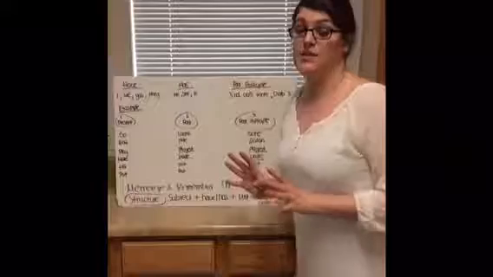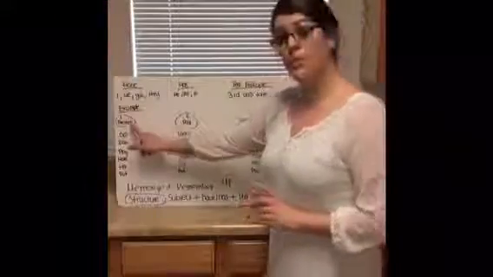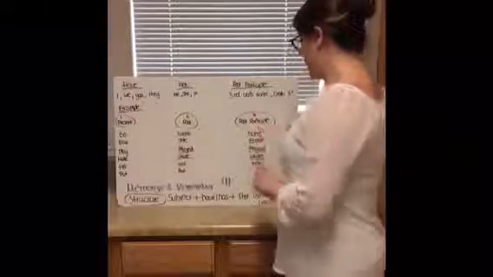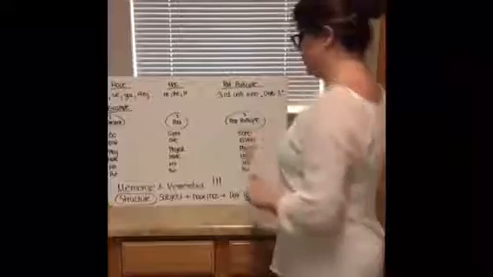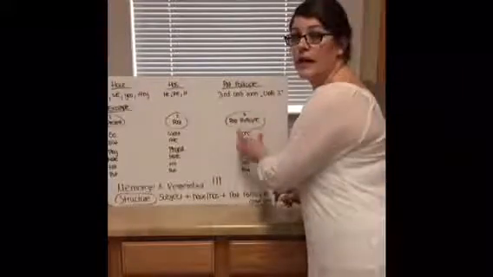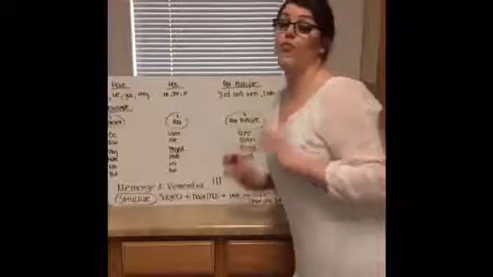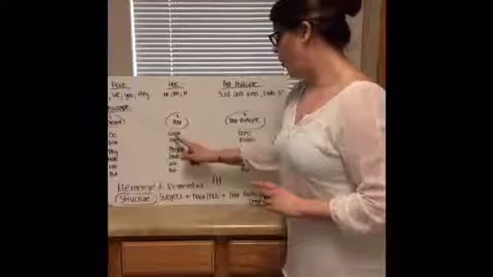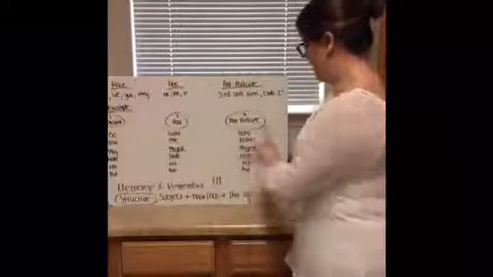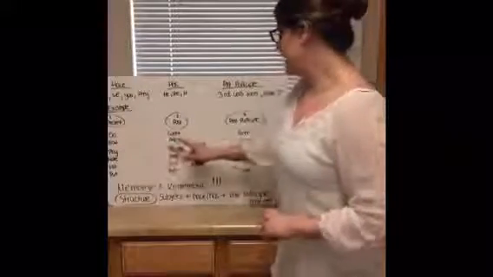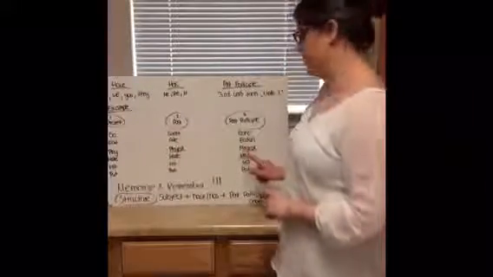Now let me explain this to you a little bit more. So you have 1, the present, 2, the past, and 3, the past participle. This is what you need in order to get your structure right. For example, you have go, went, gone. Eat, ate, eaten.